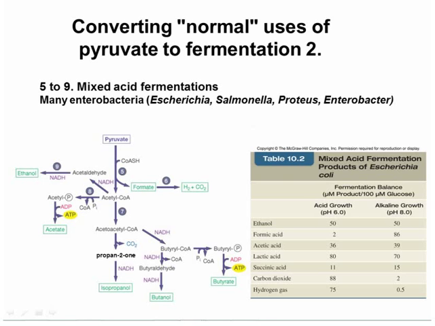As the pH goes down, they produce another enzyme which will cleave formic acid into dihydrogen and carbon dioxide. So that means that when E. coli is grown at neutral or slightly alkaline pH, they don't need this enzyme. They produce a lot of formic acid. So this is one of the major fermentation products. As the pH goes down, they'll produce this enzyme and they'll start producing carbon dioxide and hydrogen.